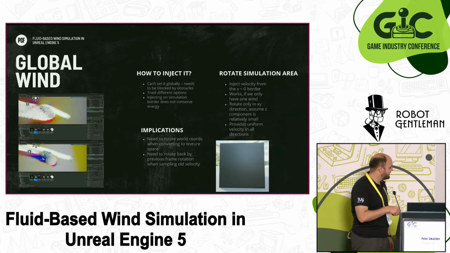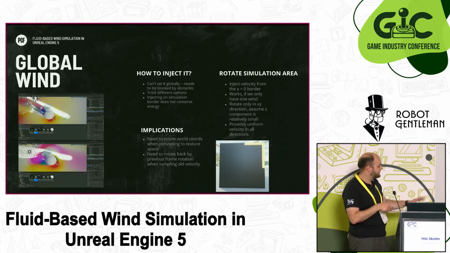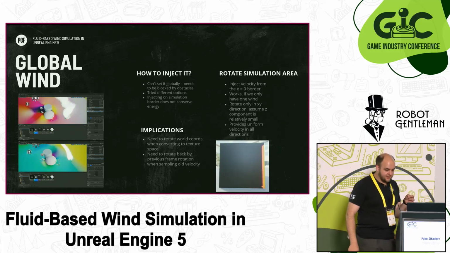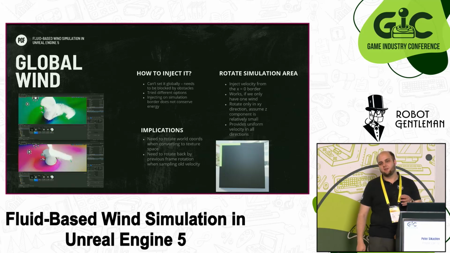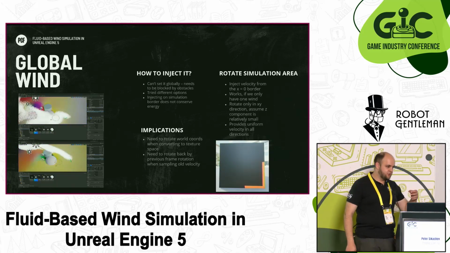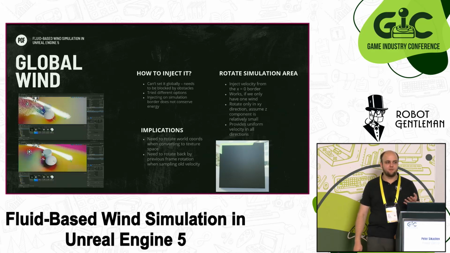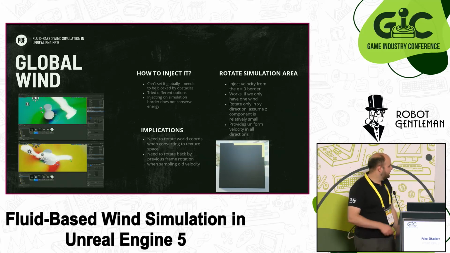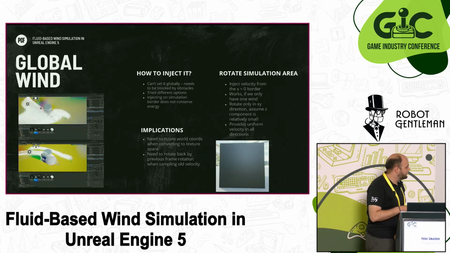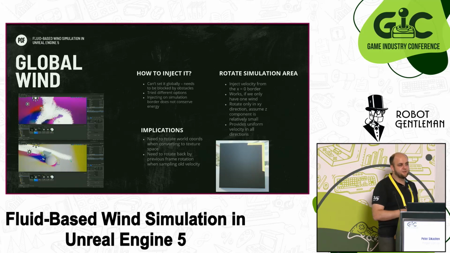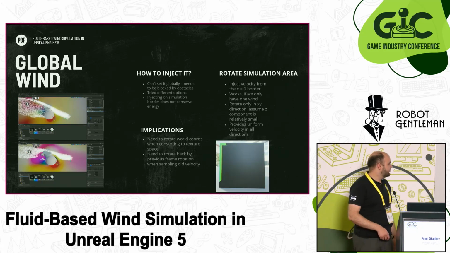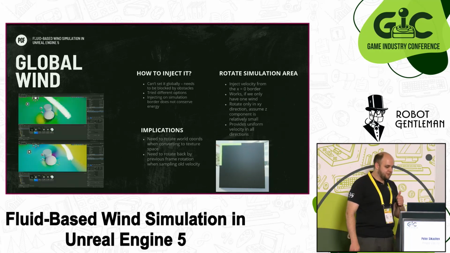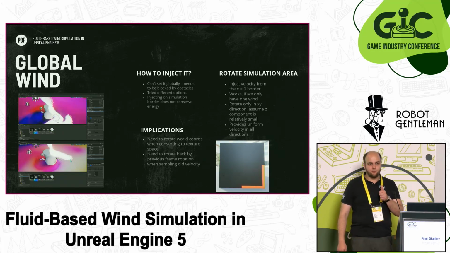We tried, for instance, just injecting from the two nearest directions, but the problem with it is that it doesn't provide uniform results. When you change the direction of the wind, it will have different velocity values. And when you inject from something like a corner, you can have some weird interference in those areas.